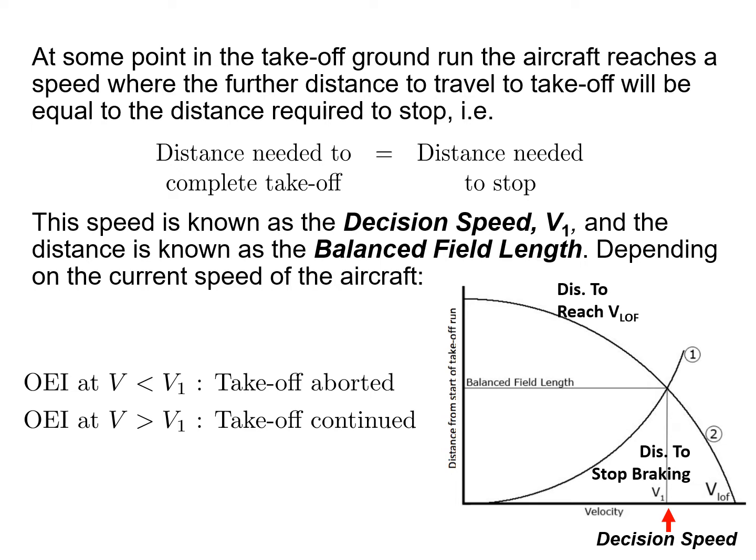And then we should make such a conclusion. Under one engine inoperative, if the velocity is less than the decision speed, the takeoff procedure should be aborted. And for the same OEI condition, if the velocity is larger than V1, the takeoff should be continued.